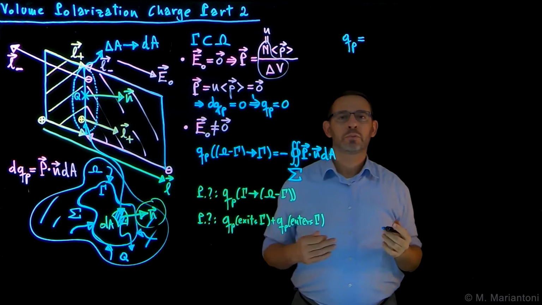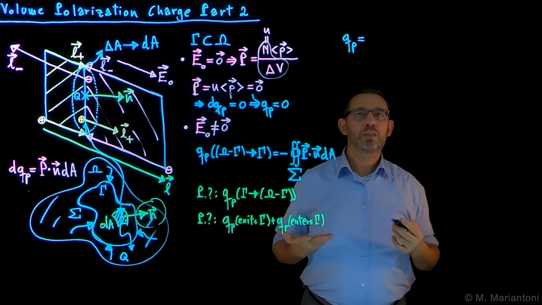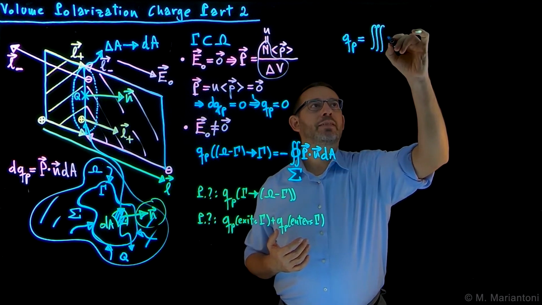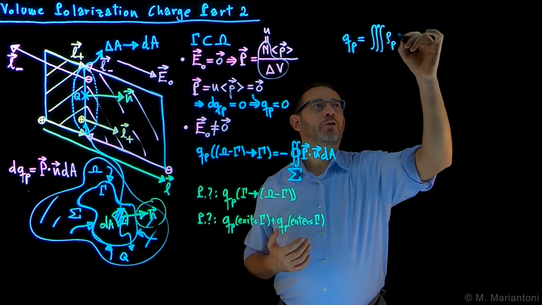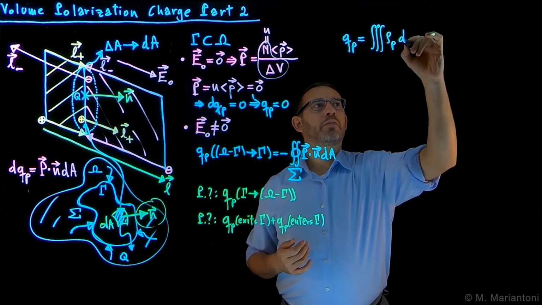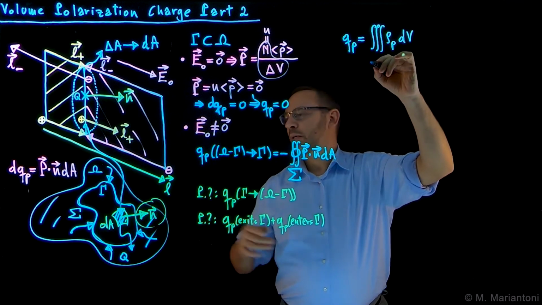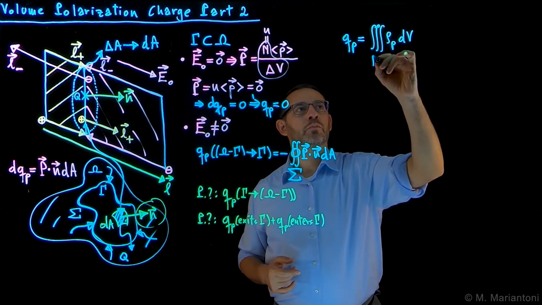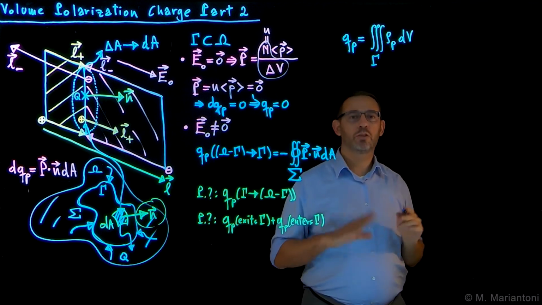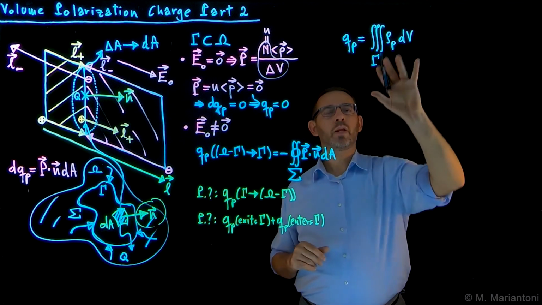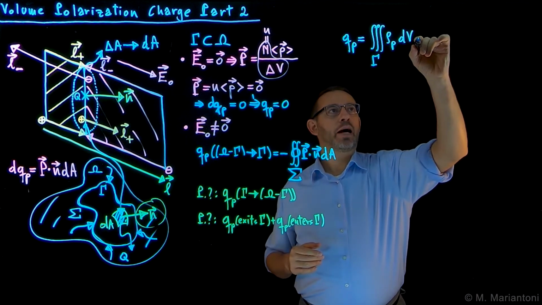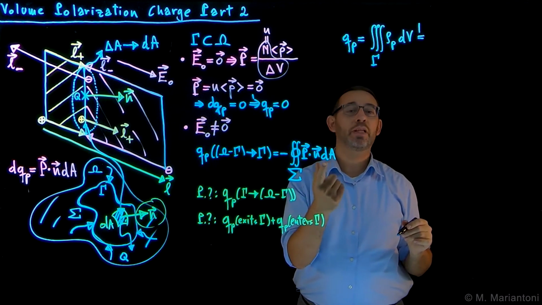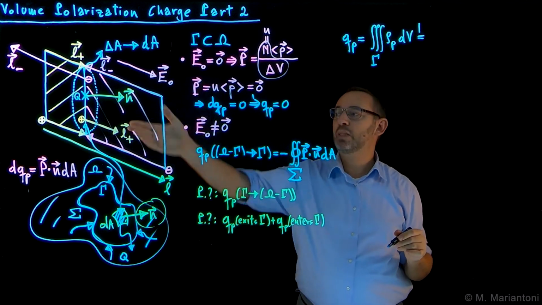So in general, if there is a charge Qp, it can always be described by means of a charge density, rho p, function of q, which we integrate dV over the entire region, in this case, capital Gamma, that we are considering here. All right, this is always possible. These are just definitions. Now, the physics of the problem comes here. It's this one. We know that Qp is the flux of P dot n dA. That's the physics which we derive from this argument.